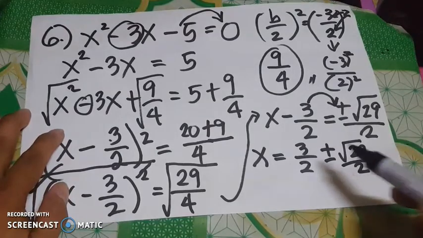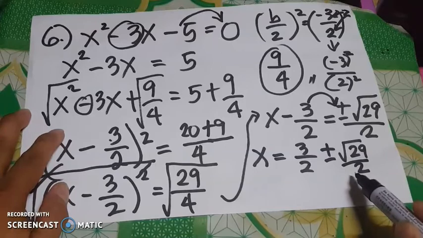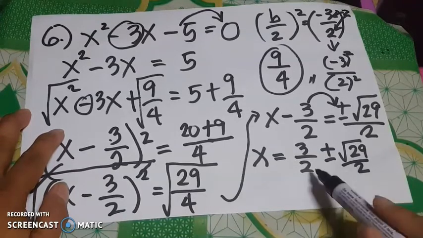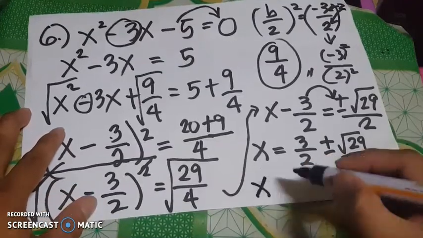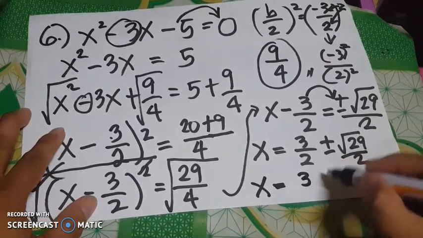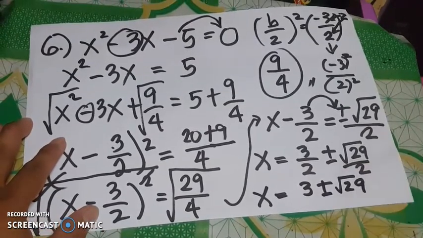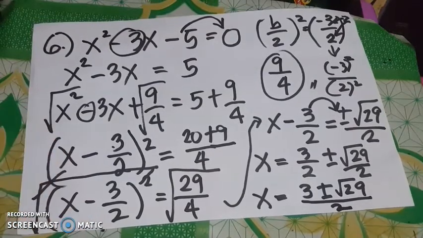So since both of them are with the same denominator, o natatawag na similar fractions, pwede natin pag-isahin yung denominator niya. So we'll come up with the final answer as x is equal to 3 plus or minus the square root of 29 all over 2.